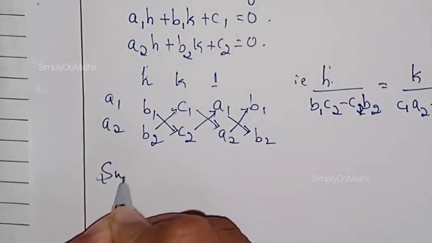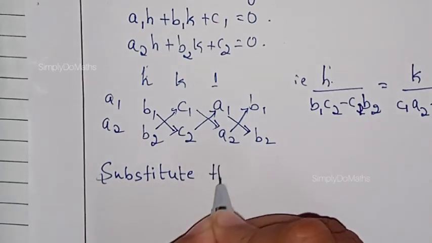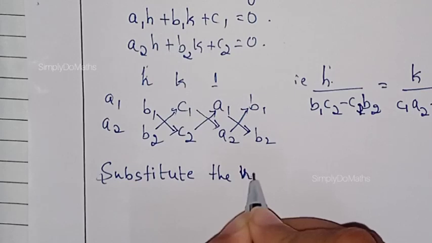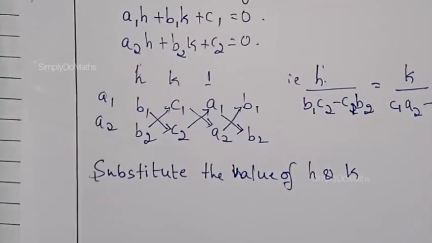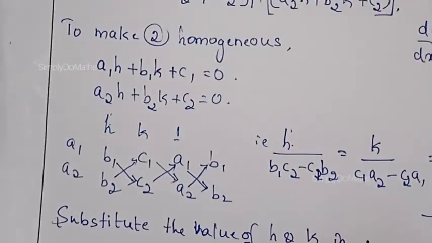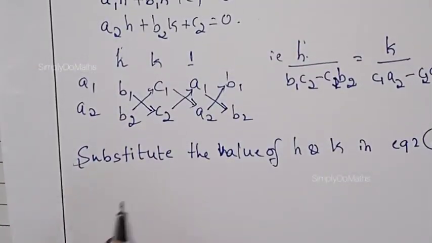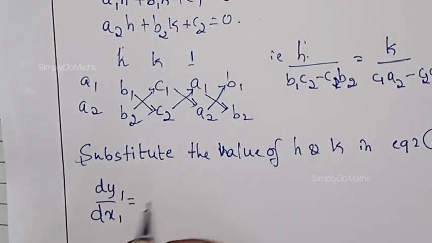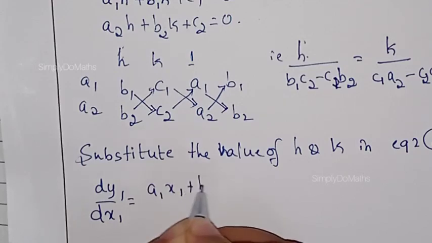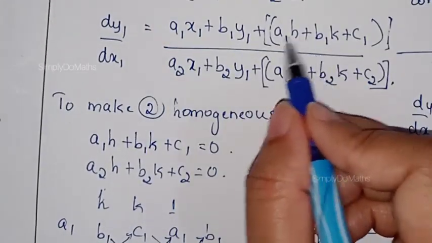Now we need to substitute the values of h and k in equation 2, which we have already derived. So we get dy1 divided by dx1 equal to (a1x1 plus b1y1), because here this term will get the value 0, right?